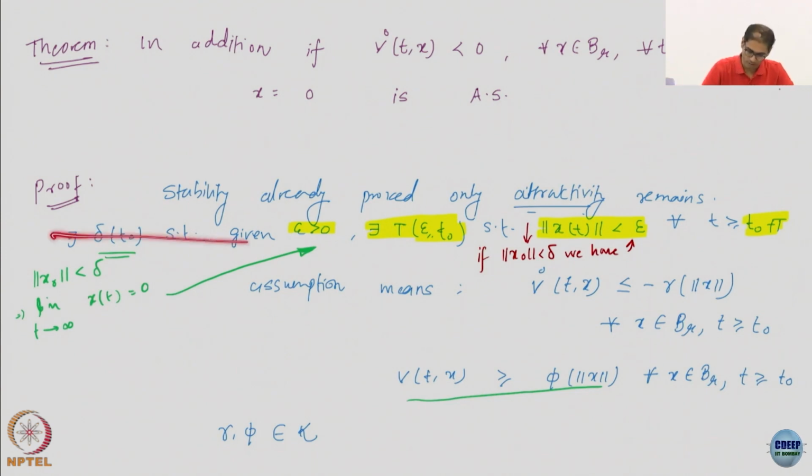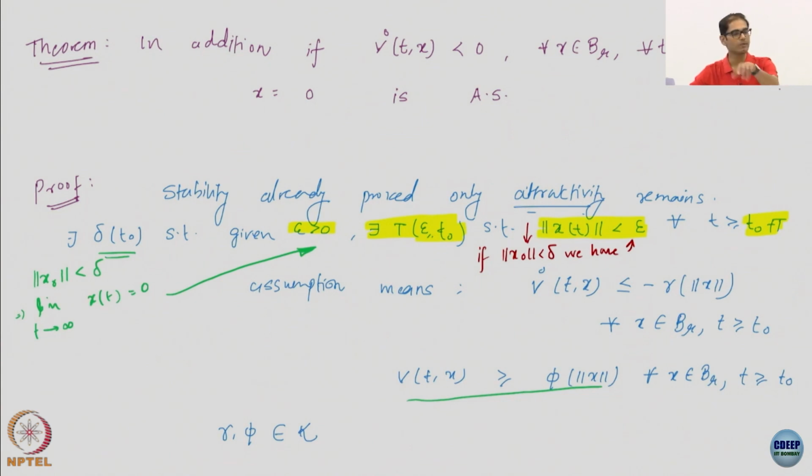If you forget the first part, there exists delta and starting in delta ball and all that, then if I am given an epsilon, I am saying that there exists a time large enough such that beyond that time my norm x is less than epsilon.